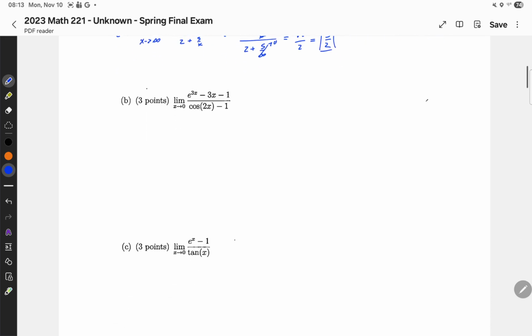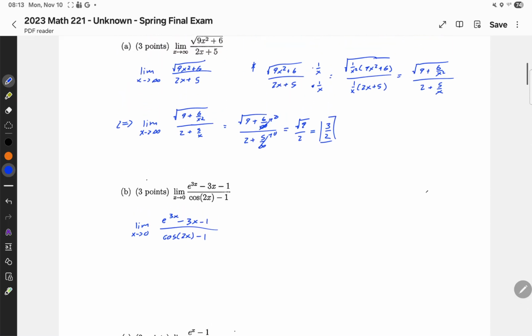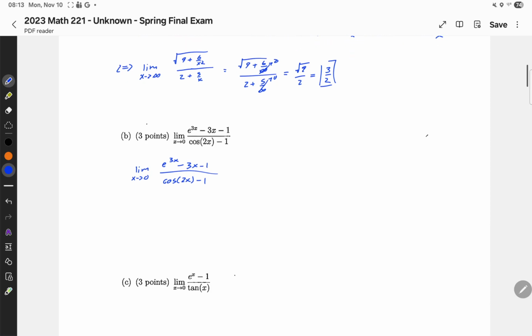Awesome. All right, moving on to part B, we have the limit as x approaches 0 of e to the 3x minus 3x minus 1 over cosine 2x minus 1. The first thing we want to do for limits like these is just plug in the value.